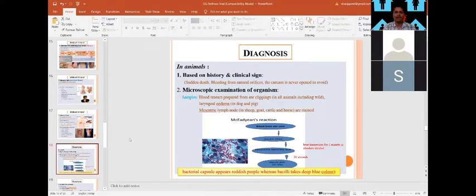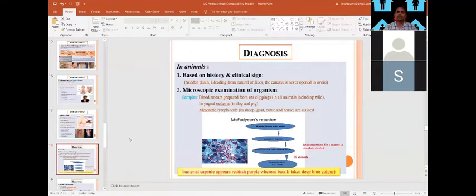After staining with polychrome methylene blue, the capsules stain pink, and the vegetative cells stain blue. You have to remember this, as an examination may ask you to write the McFadden reaction. It is the reaction in which blood smears from ear clippings are stained with polychrome methylene blue: the capsules take a reddish-purple or pink color, and the bacilli or vegetative cells take the blue color.